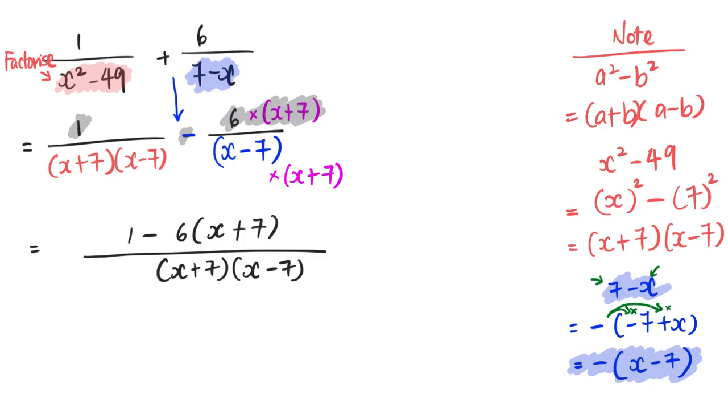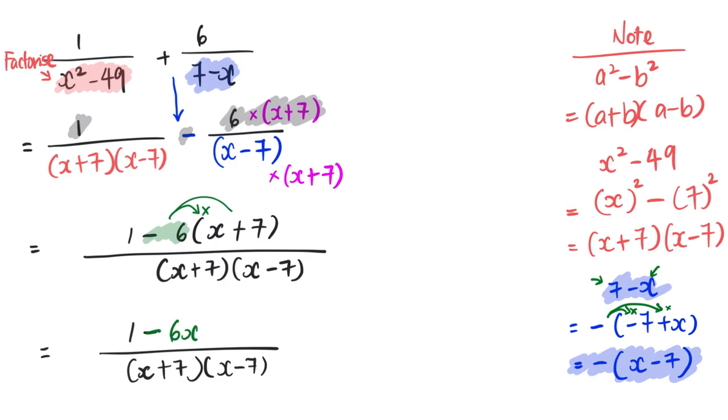And my next step would then be to expand and simplify the numerator. 1 minus negative 6 multiplied by x, negative 6x. Negative 6 multiplied by positive 7, negative 42. And finally, I will then get my final answer.